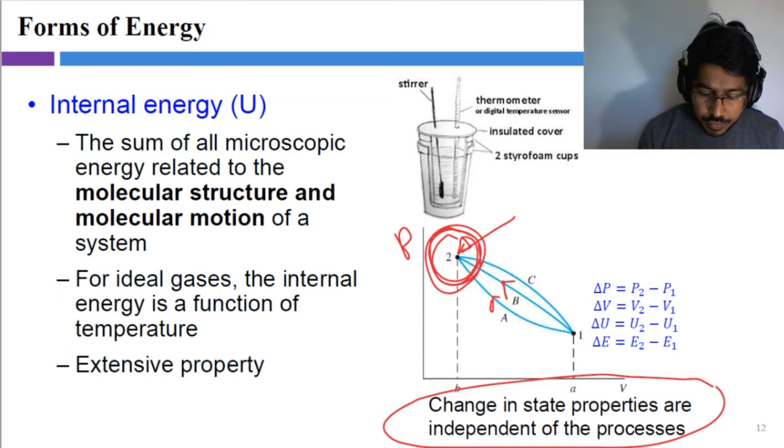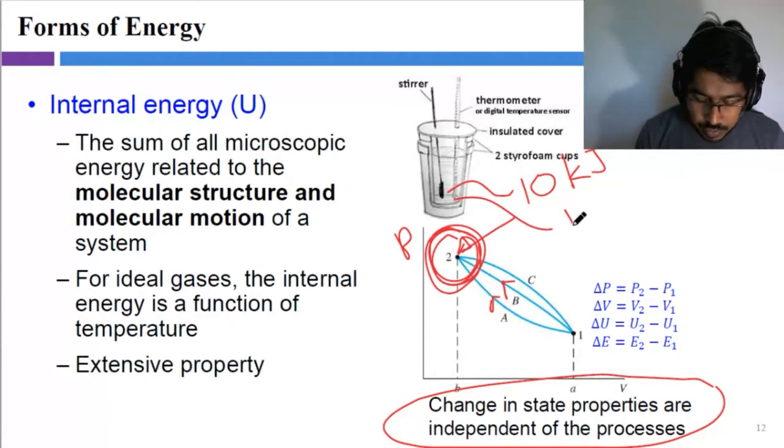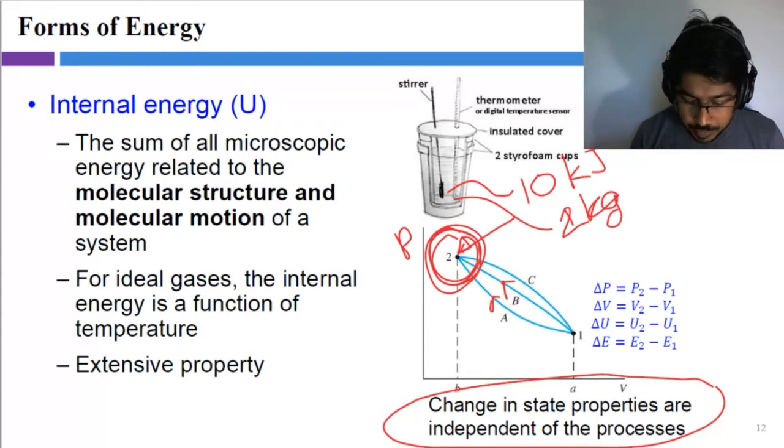So we had a full cup. Let's say we have 10 kilojoules for the entire cup, and let's say this is 2 kilograms of coffee. That's a big coffee cup.